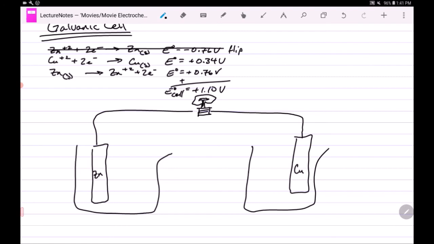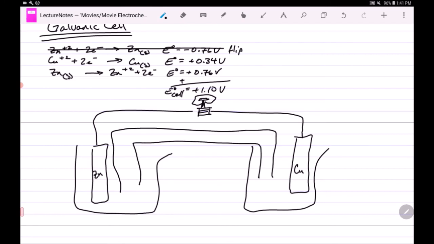That's what a light bulb looks like. Get over it. And then they'll need a salt bridge connecting them as well. And then this thing would also have some copper ions in it as reactants. And then this thing would also be producing some zinc ions. So we'll write the half reaction underneath this.